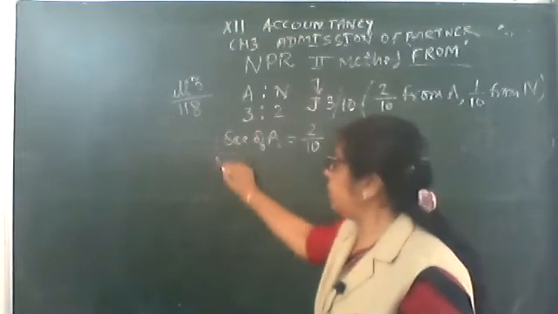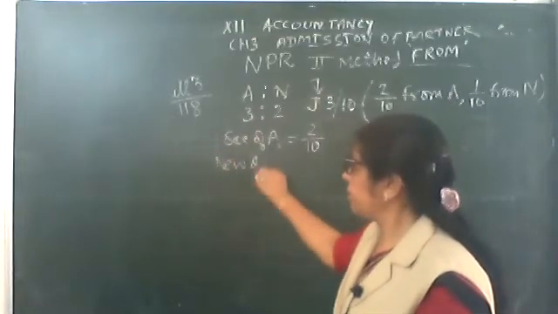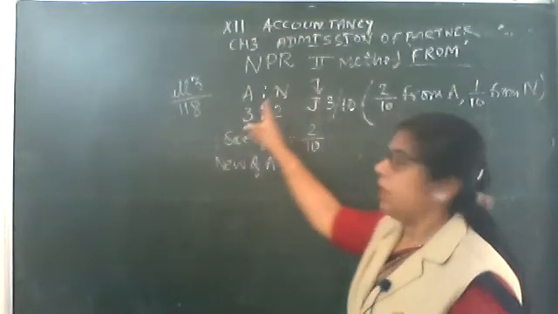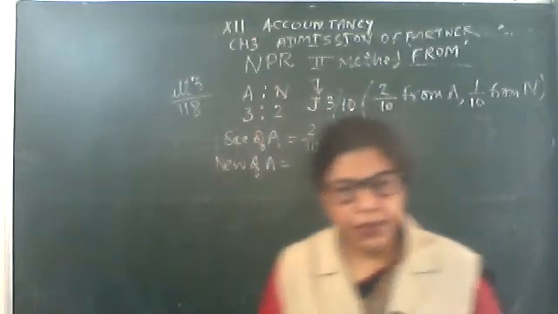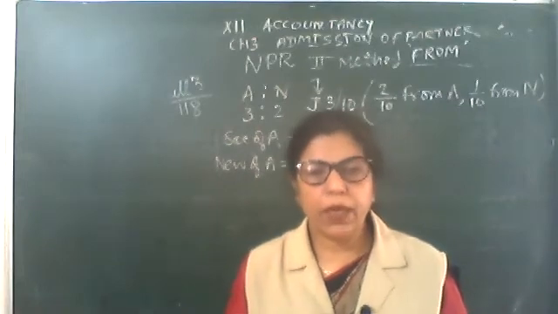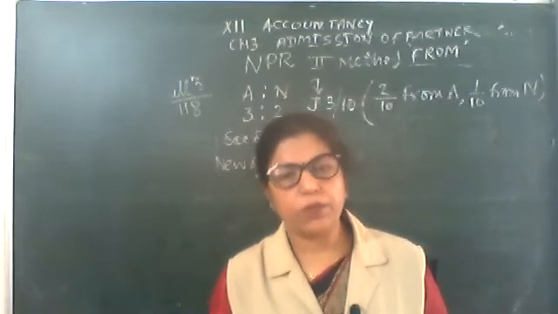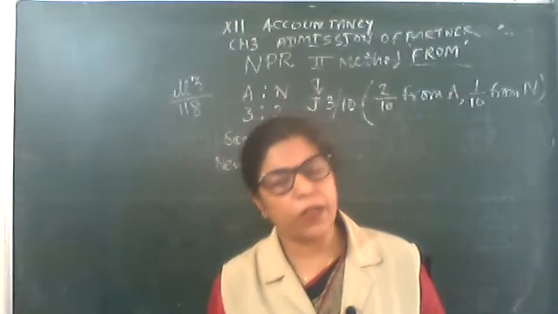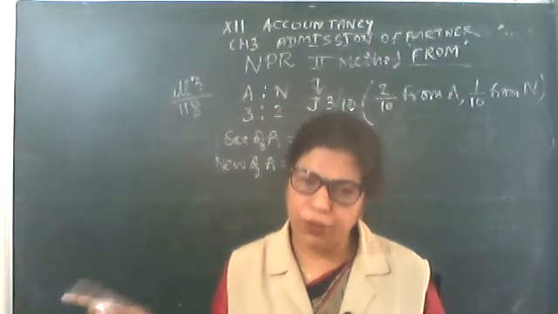Now the new share of A. How to calculate the new share? I already explained: the old partners will sacrifice their part of profit in favor of the new partner.